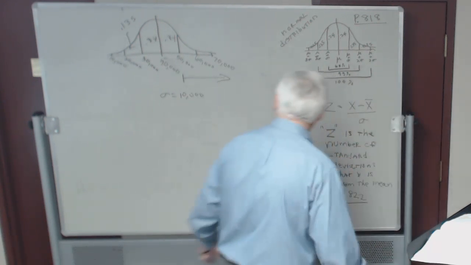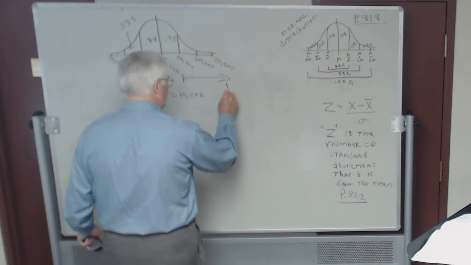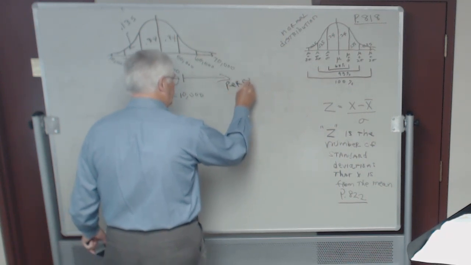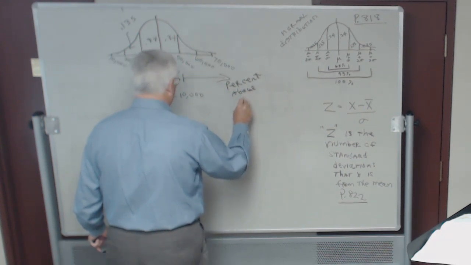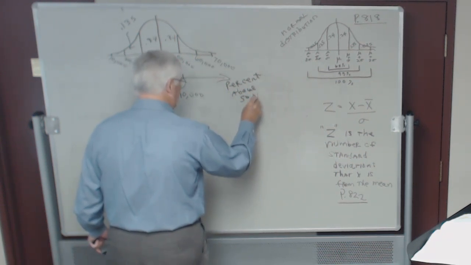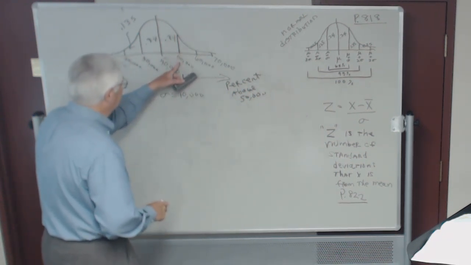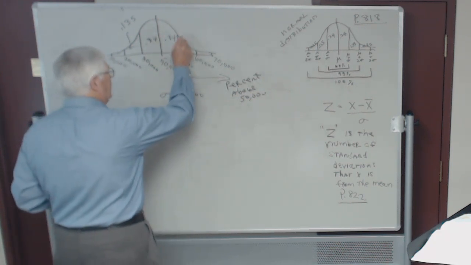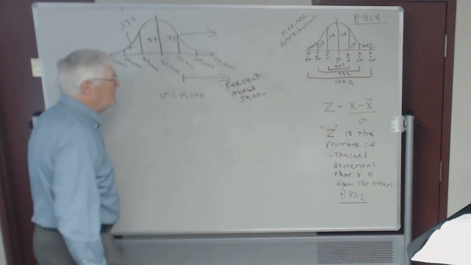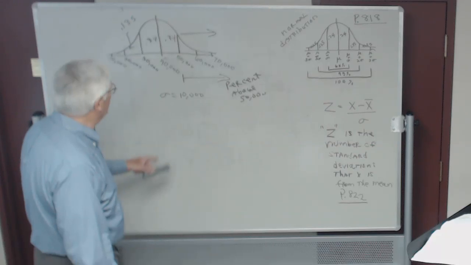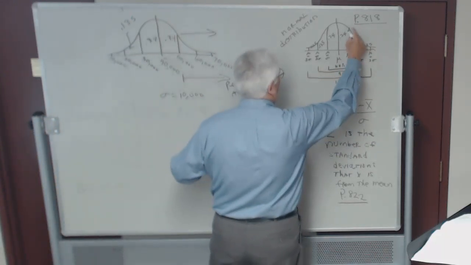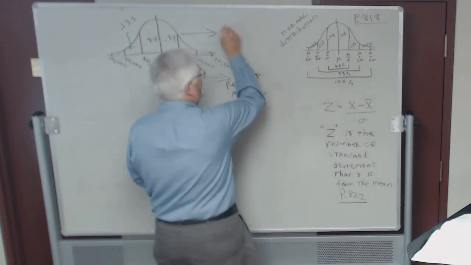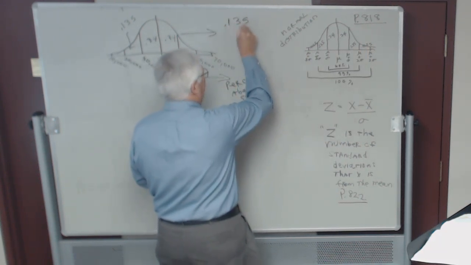Percent above 50,000. Here's 50,000. What percent is above here? 0.135, right?